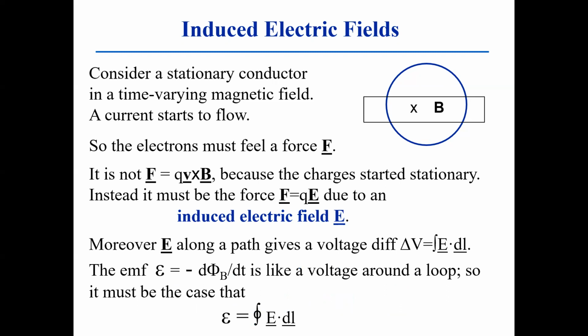The E along a path gives a voltage difference, which is the integral of E dot dl over the path. So the EMF, as we know from Faraday's law, can be written as the integral of E dot dl over the closed loop.